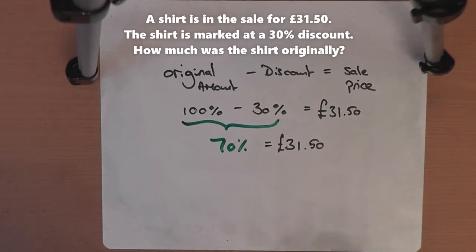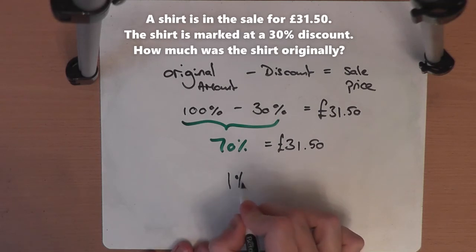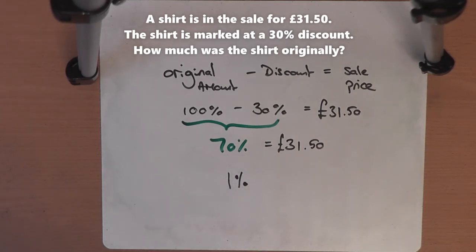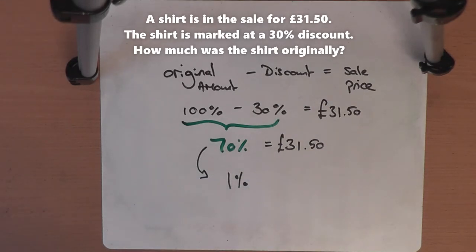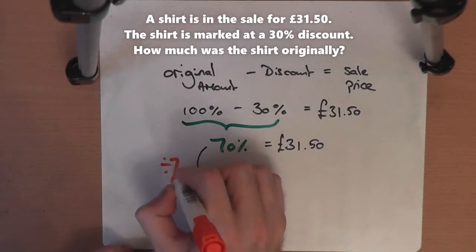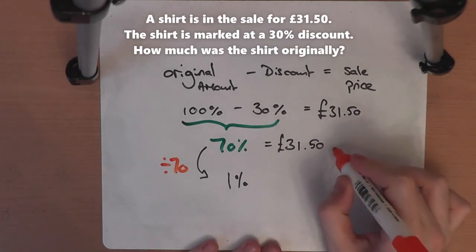Could we not, for example, divide it down to find 1%? What would we have to divide 70 by to find 1%? Well, surely 70 divided by 70 would take us down to 1. Why is that useful? Because we could divide the answer down as well.